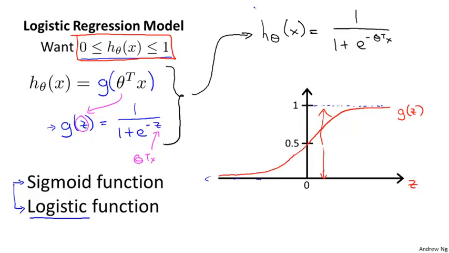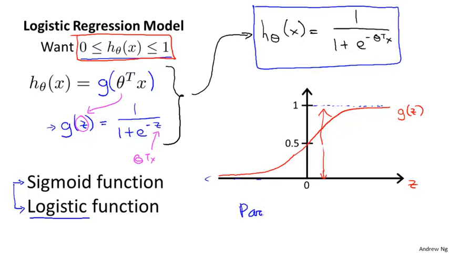Finally, given this hypothesis representation, what we need to do, as before, is fit the parameters theta to our data. So given a training set, we need to pick a value for the parameters theta, and this hypothesis will then let us make predictions. We'll talk about a learning algorithm later for fitting the parameters theta.